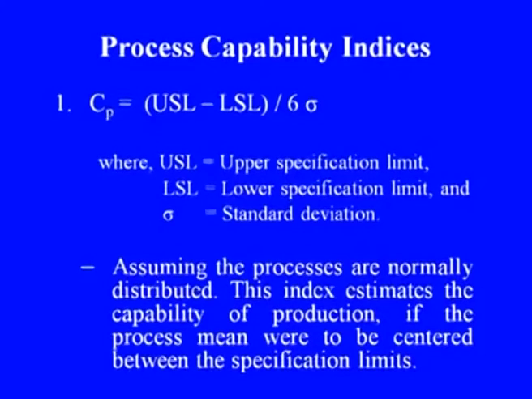Number 1, Cp. It is defined as the ratio of the difference between the upper specification limit and lower specification limit to 6 sigma, where sigma stands for standard deviation.